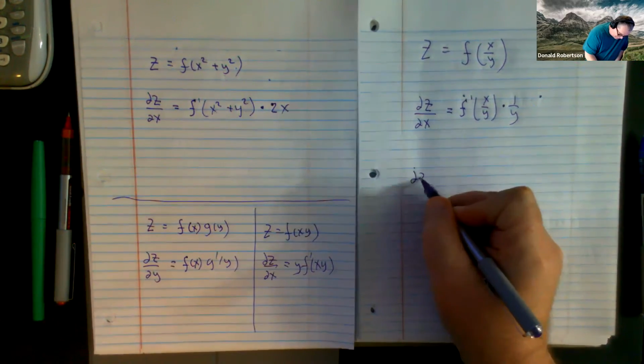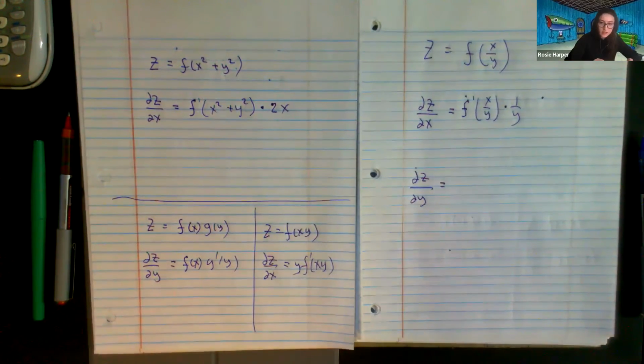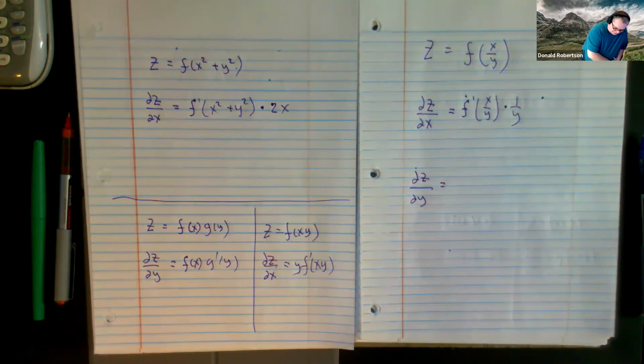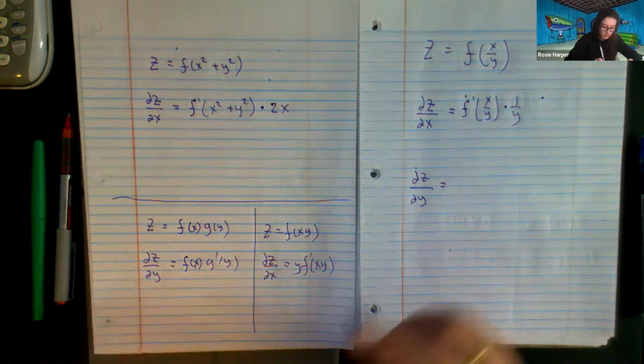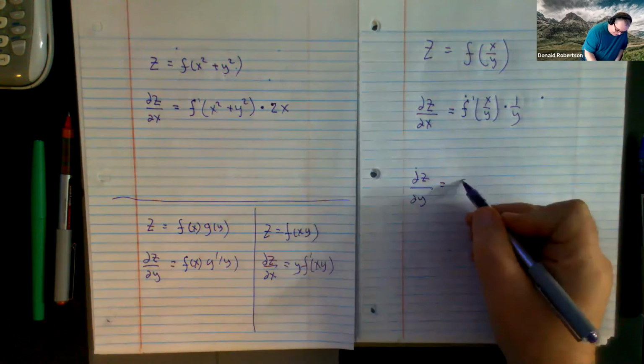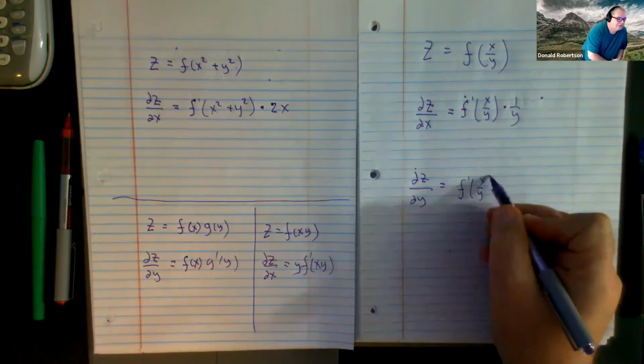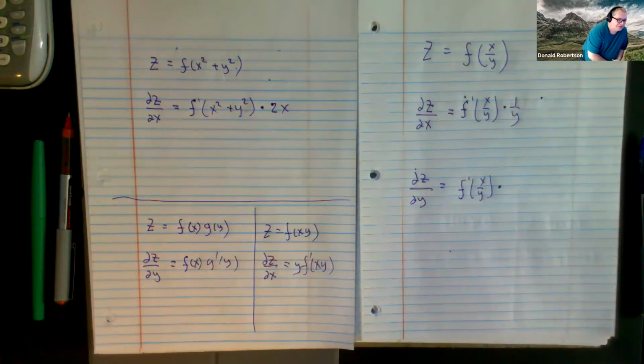Now, the one that's probably going to cause you more trouble, because I said the simplest ones can cause the most problems, is that when you differentiate this, the partial derivative with respect to y, you have to be careful about it. It's going to start with that. So I'm giving you that for free. And it is a chain rule, but you've got to finish it off.